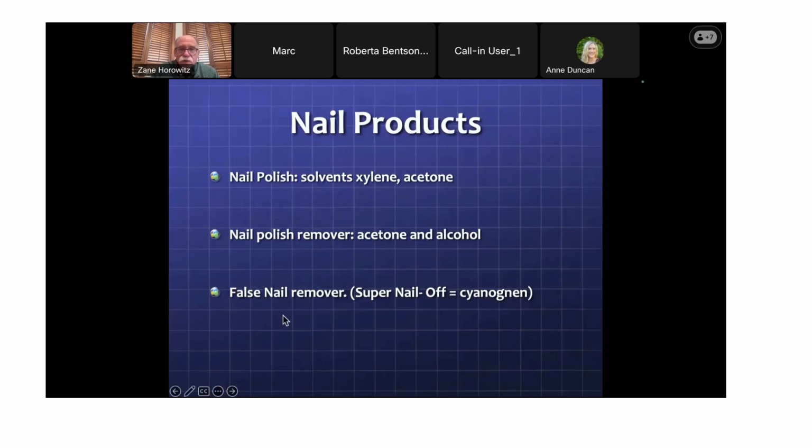Nail polish removers contain mixtures of acetone and alcohol, so again, think about that once more. There was a very notorious false nail, so these were the glue-on nails, that in order to take the glue-on nails off, you needed a false nail remover. The name of the product was Super Nail Off, so I don't think they would give you that, but they may say a false plastic nail remover. It was an acrylic cyanogen, and it was slowly metabolized to cyanide. And when the kids drank even small amounts of it, they died of cyanide poisoning.